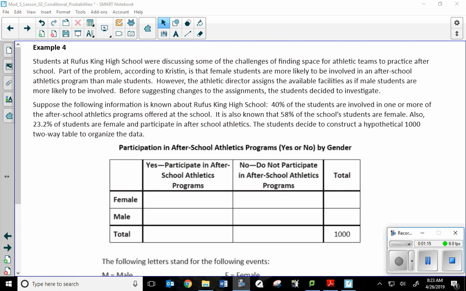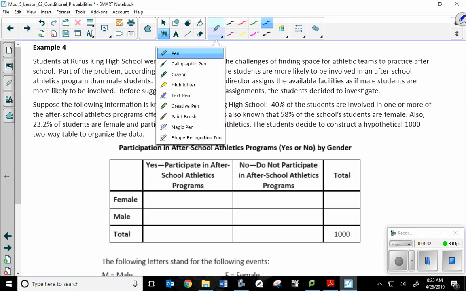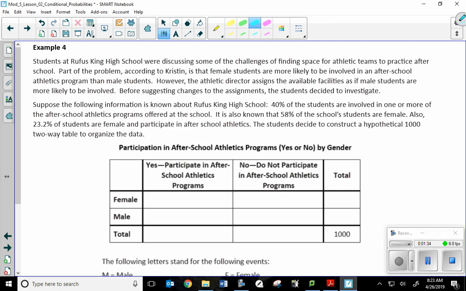Good call on Kristen and the students' parts, because anytime you go to make an argument, you want to have some information, some data to support it. All right? So, suppose the following information is known about Rufus King High School. And I'll highlight this. I was going to underline it, but you know my addiction to highlighters, okay? 40% of the students are involved in one or more of the after-school athletic programs, all right?